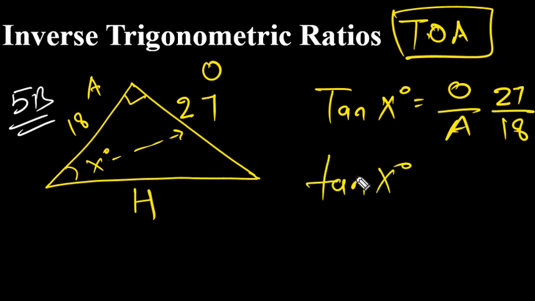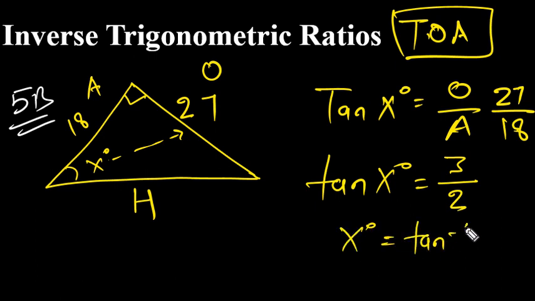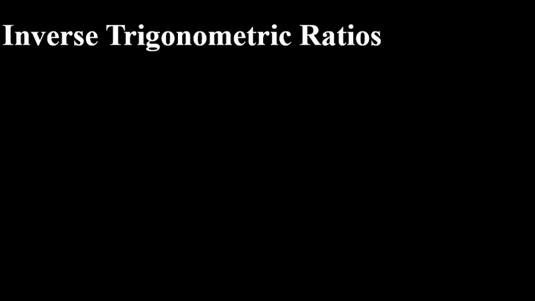Both have 9 as a common factor, so 27 divided by 9 will give you 3, 18 divided by 9 will give you 2. x degrees is equal to tan inverse 3 over 2. Solve this and you will get your answer. So that's how you will solve inverse trigonometric ratios, and I hope that will help you to solve the questions. Okay, so that's it for this video. See you in the next one.